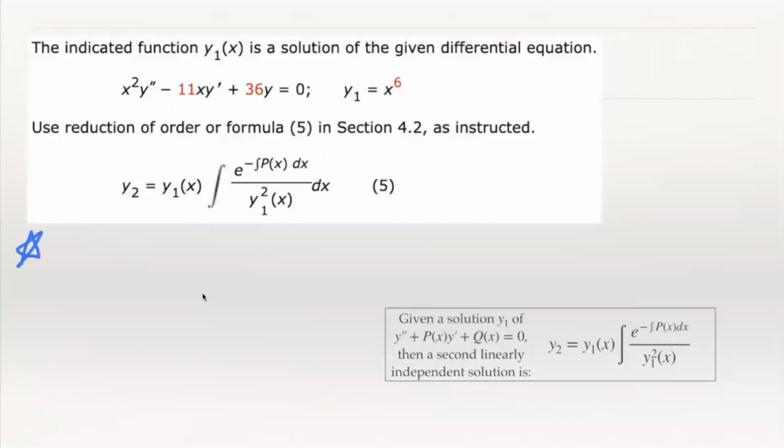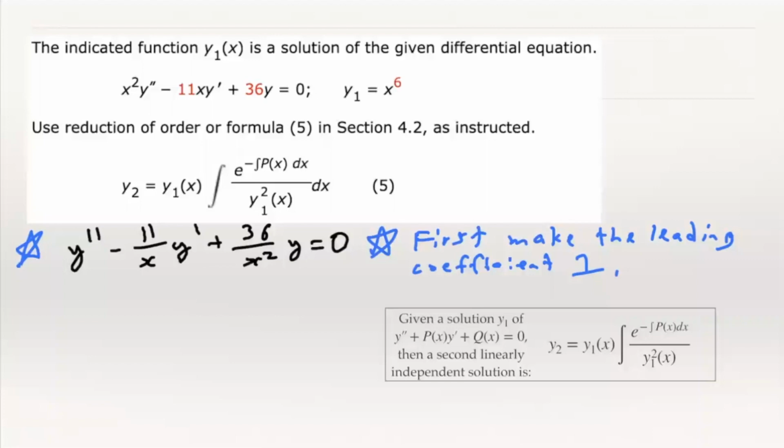Okay, so the first thing to do is to make the coefficient of y double prime 1, because that is the form on which this formula relies. So we'll divide both sides by x squared. We'll have y double prime minus 11 over x y prime plus 36 over x squared y is 0. Okay, and now, since we have this integral inside of an integral, we should probably evaluate this part first.